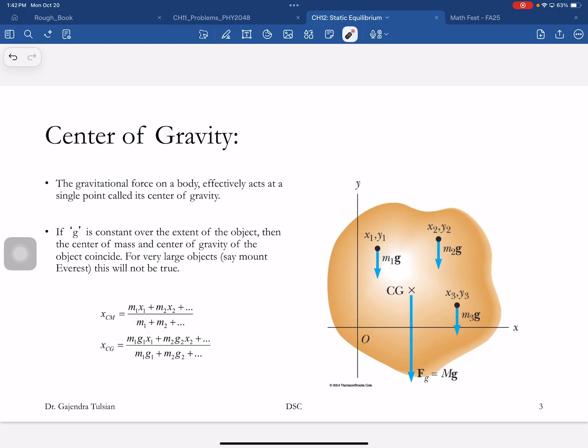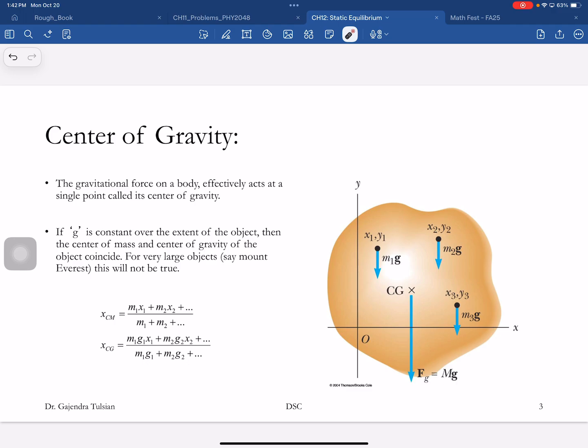So as long as you're not dealing with extremely large structures, all this will be the same, and that'll cancel out. But if you're dealing with very large structures, let's say you make a space ladder or something like that, then the center of gravity will be different, and it would be slightly below the center of mass.